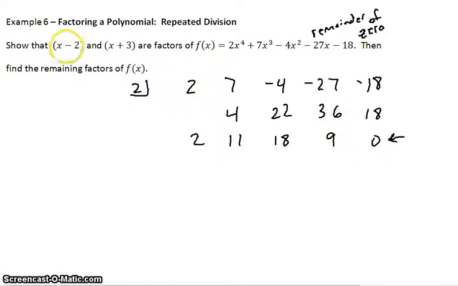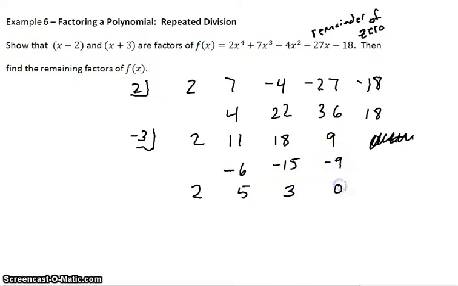So if this divides evenly into this expression, then the new factor has to divide evenly into the next expression. So I'm going to go even one step further with this and divide it into this expression and see if I get another remainder of 0. Let's see what happens. I get another remainder of 0.